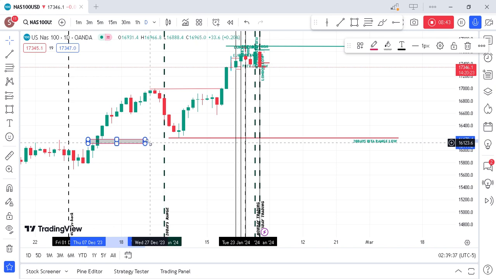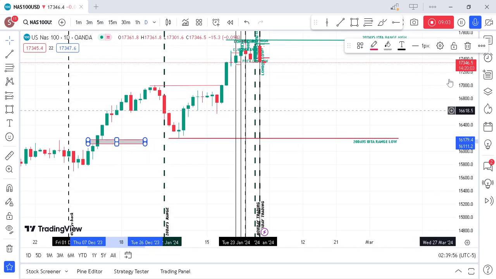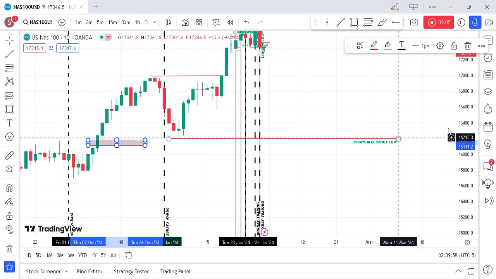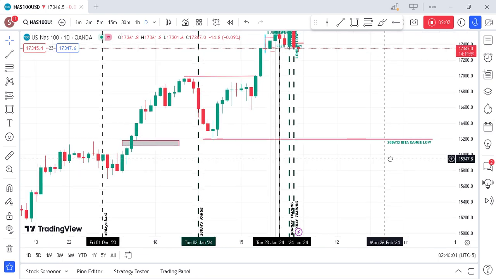I will tell you why I am showing you this gap now. I want you to know why the market is likely to go up or likely to go down on a bigger time frame. Then we'll go to a smaller time frame.